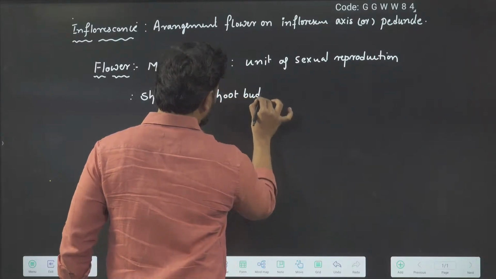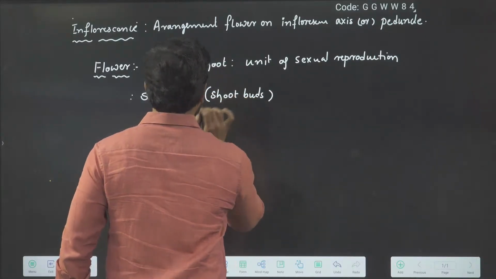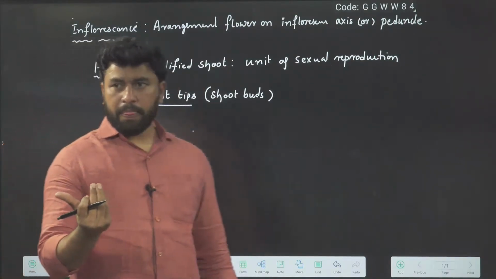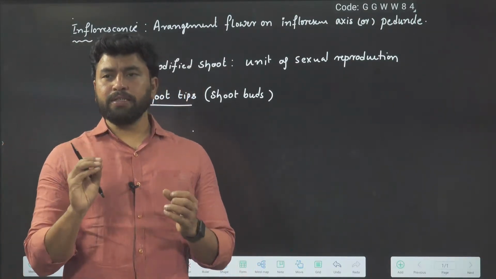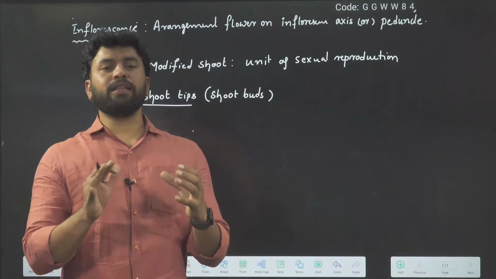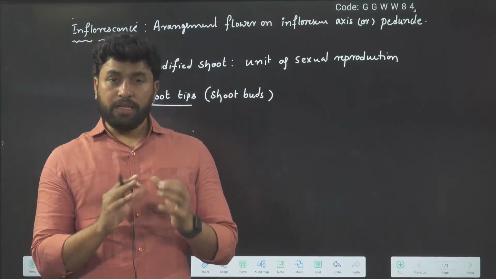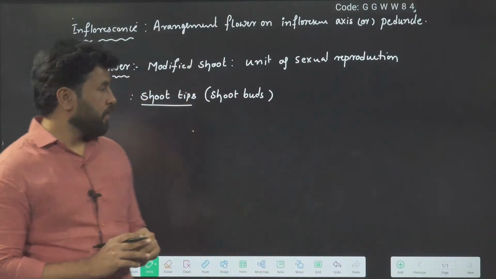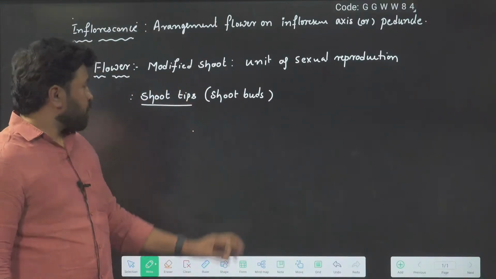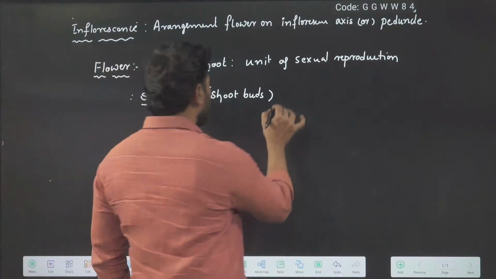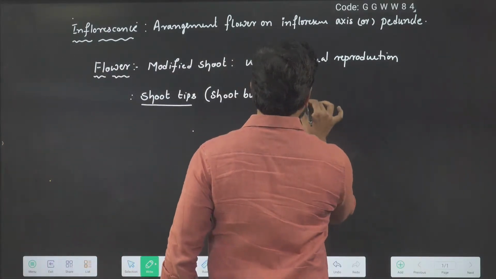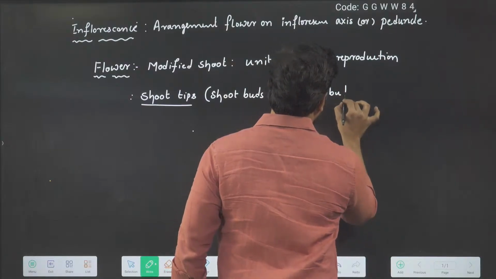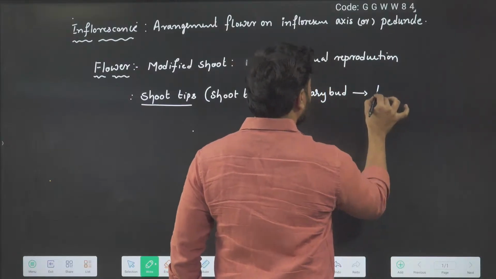Either you take shoot tips, which are nothing but apical bud, or you can take the buds present on the plant other than the apical portion. Either one can be modified in the form of flower. I mean, when there is a shoot tip or shoot bud or axillary bud, either one can be converted into a floral bud.